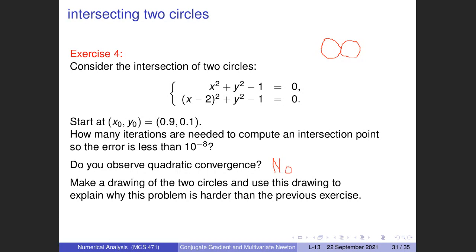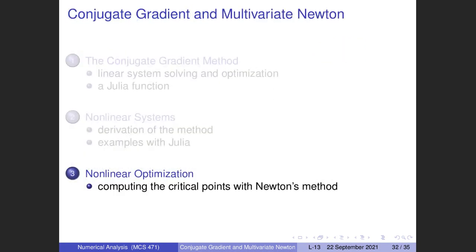The drawing actually explains why this is a harder problem. If you run this, you may still observe linear convergence. Now we will not go into this. Analyzing multiple roots in multiple dimensions is a lot harder than what we did for one equation.